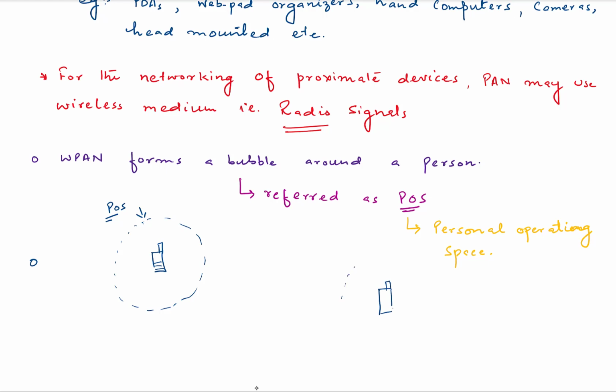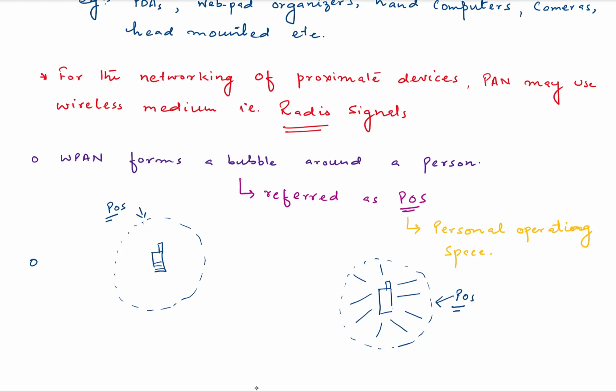This is again a low power device and it has its own POS. This is the personal operating space of these devices. Personal operating space means in this space they have some electrical signal or some radio signal up to which these devices can communicate.